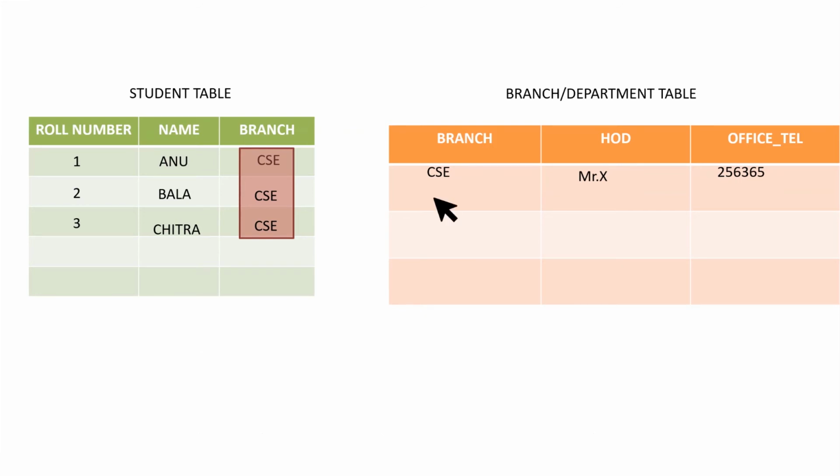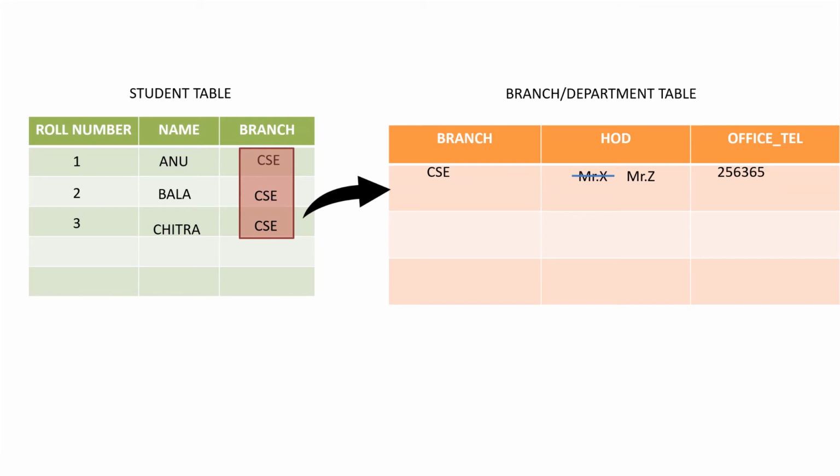So you can see in the branch table you can have only one entry for each entry in the student table, where the branch is related with the branch attribute in your department table.